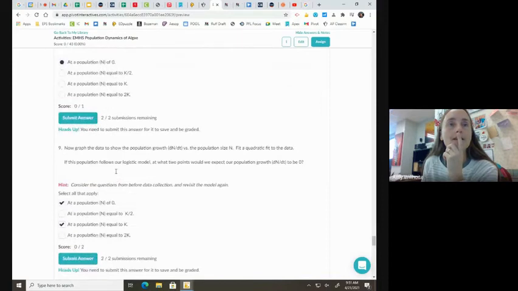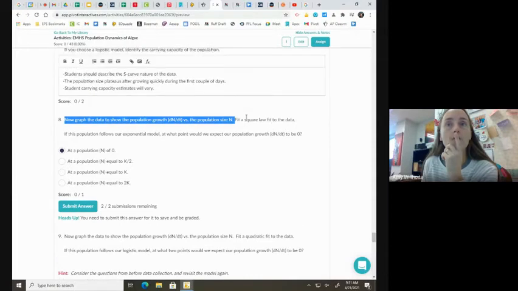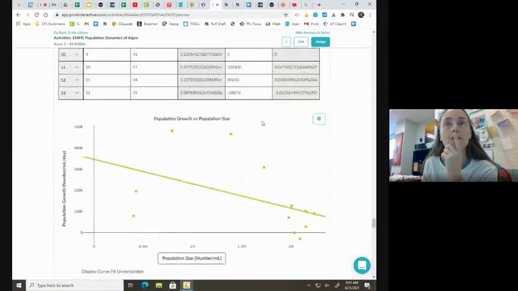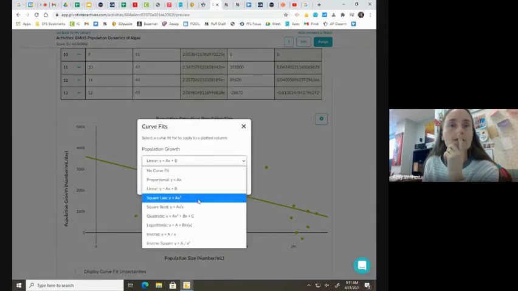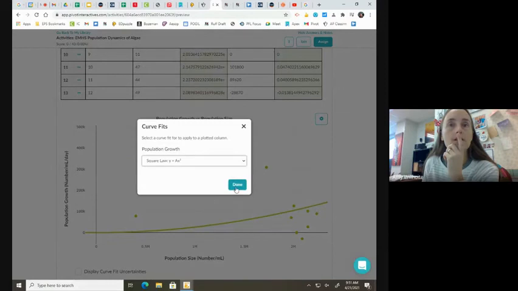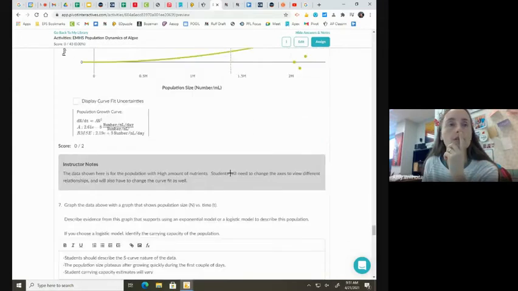Then I'm going to zippity dippity down here, and it says fit the square law, fit to the data. What does that mean? That means go up here and say curve fit, square law. Just do what it says to do, and then you can follow what the actual answers are. Let's see if that worked.